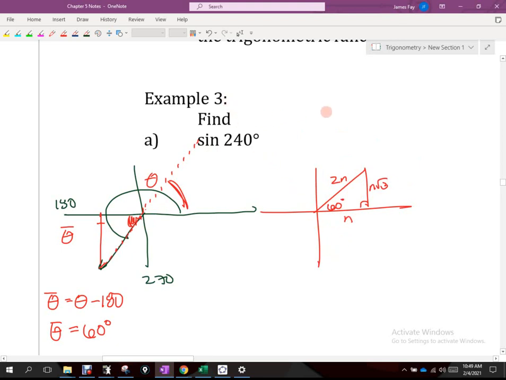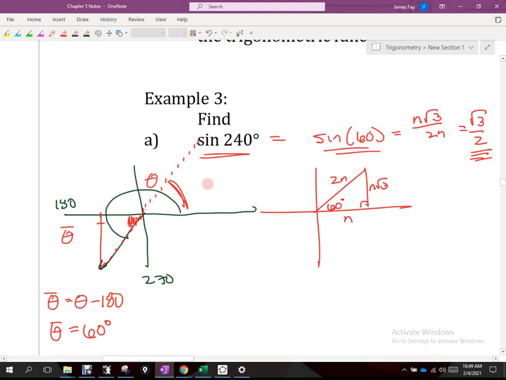So when I want to know sine of 240, I'm actually going to ask, what is the sine of 60? Because the sine of 60 is going to be n radical 3 over 2n. And that's going to reduce to radical 3 over 2, correct? So sine of 240 numerically is going to be the same as the sine of 60. It's going to be radical 3 over 2.